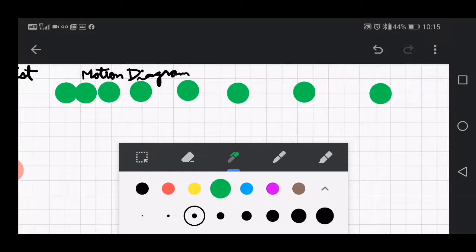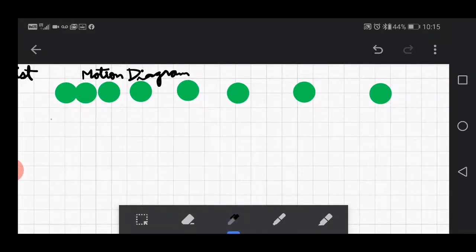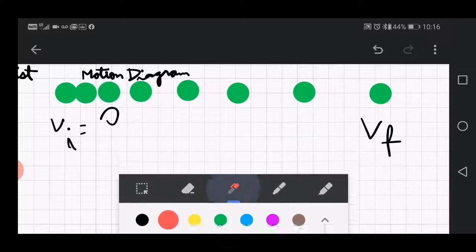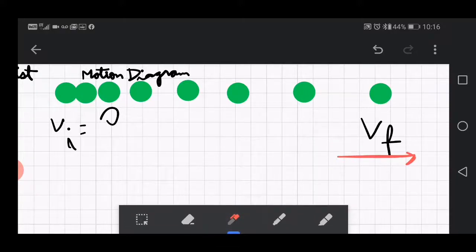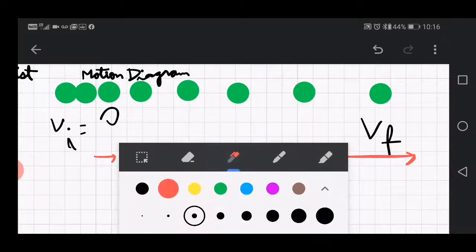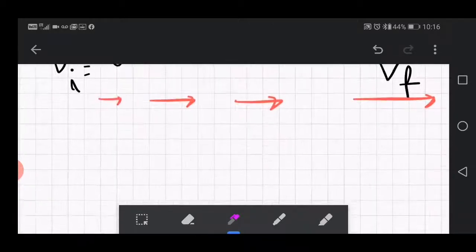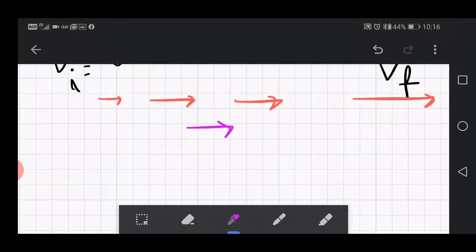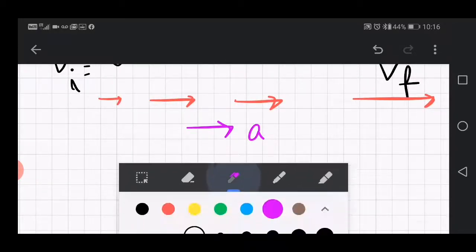That motion diagram is telling you basically that your initial velocity was 0, you have some unknown final velocity in the positive direction, and as time went by, that velocity was increasing in size. Of course, it also means that you have an acceleration in this direction, and you don't know how much that is.